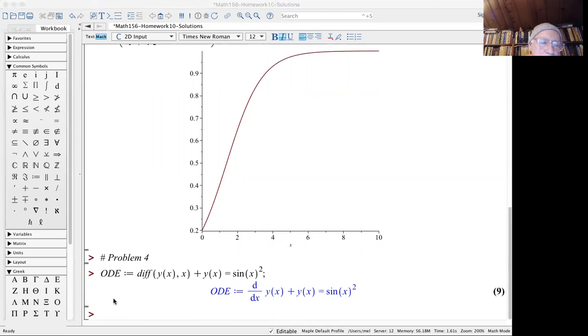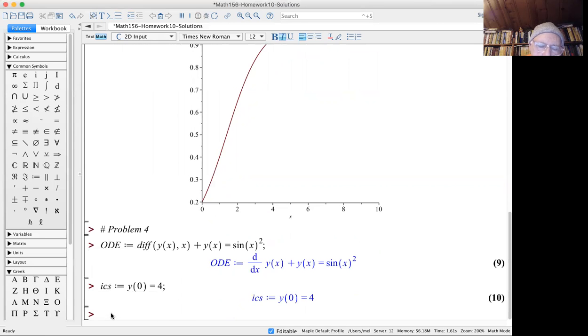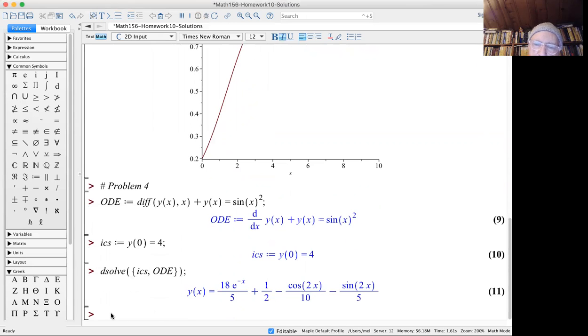And we have the initial condition that y of 0 equals 4. So let's dsolve with the initial condition and the ordinary differential equation. That's what it looks like. Might be a little bit hard to do this by hand, but that's what it looks like.